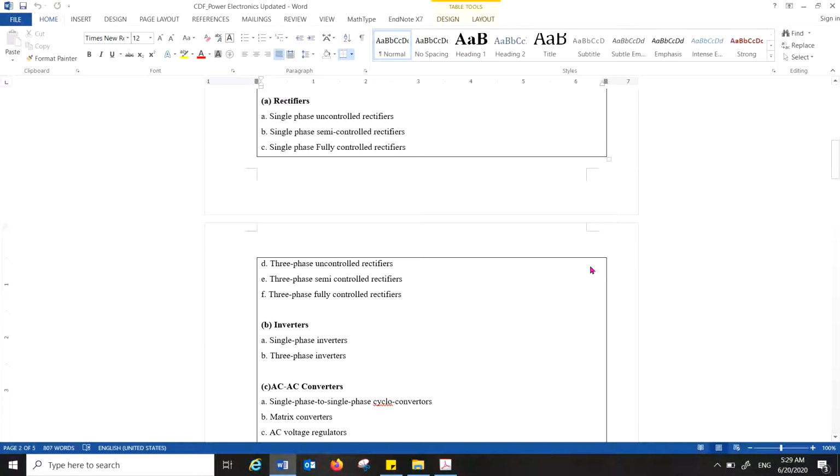We discussed the details of the voltage source inverter with the single-phase bridge circuit with inductive load, and then some other topics like three-phase with 120-degree mode of conduction and three-phase with 180-degree mode of conduction.